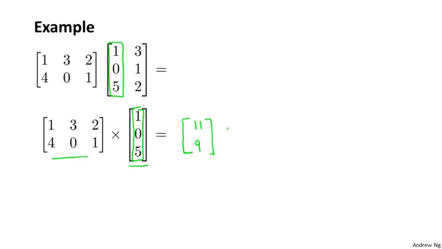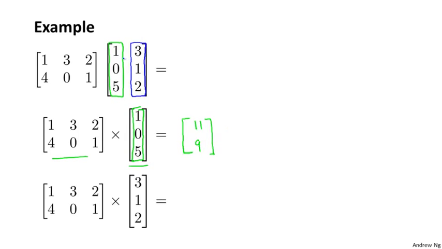And then the second thing I'm going to do is pull out the second column of the matrix on the right, and take the matrix on the left and multiply it by that second column. Again, this is a matrix vector multiplication step, which you saw in the previous video, and if you multiply this matrix and this vector, you get 10, 14.